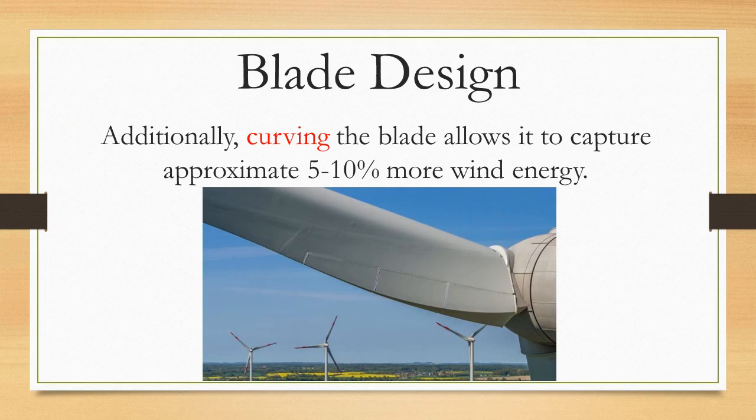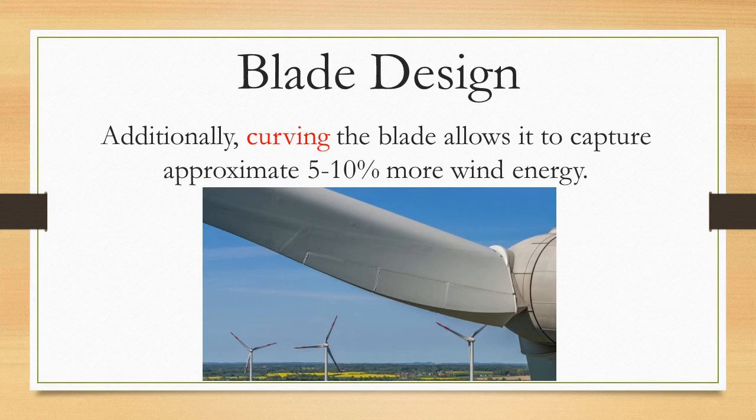Now, additionally, if we curve the blades of a wind turbine, twist them a little bit, it allows us to capture 5 to 10% more wind energy.